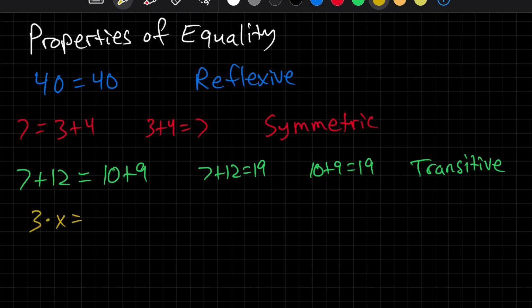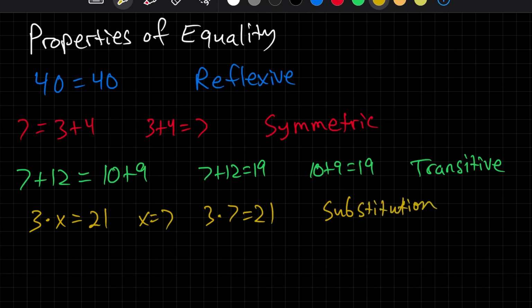Let's say we have 3 times x is equal to 21. So we know that x is equal to 7. So 3 times 7 is equal to 21. This is called the substitution property, because we substituted 7 in for x.